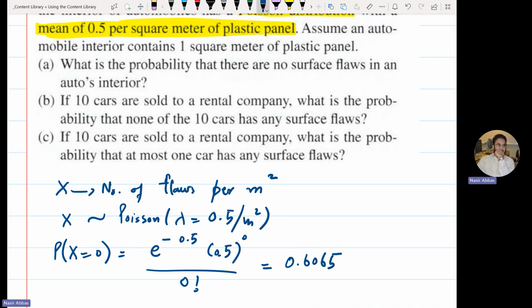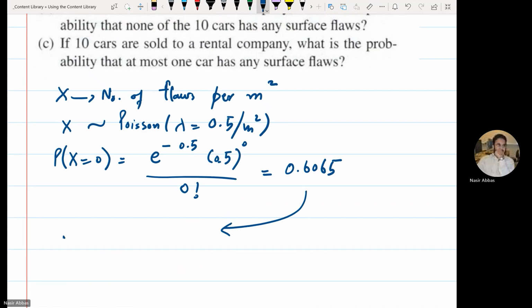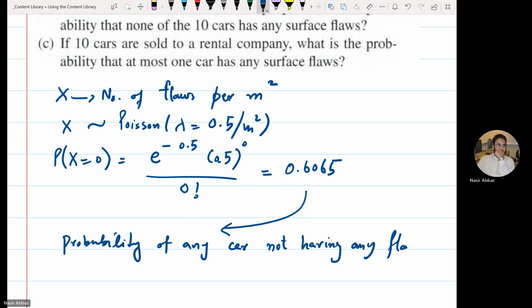What is this 0.6065? It's the probability of any car not having any flaw, correct?